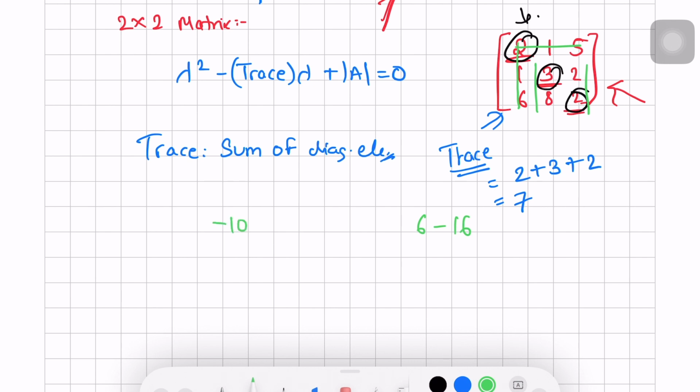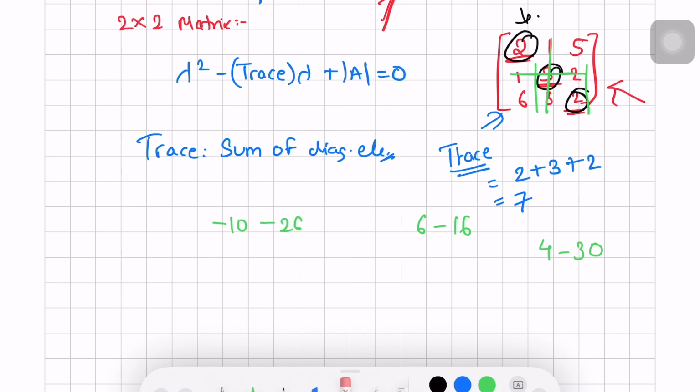Now to calculate the minor of this 3, we need to just ignore this row and this column, and we'll get 2 twos are 4 minus 6 fives are 30, which will give us minus 26.